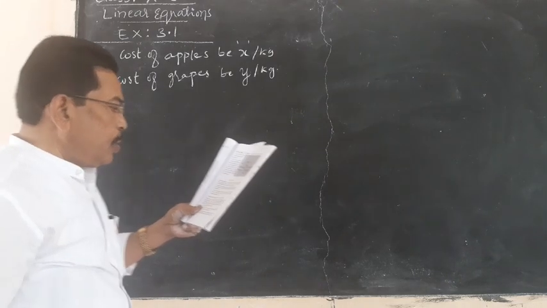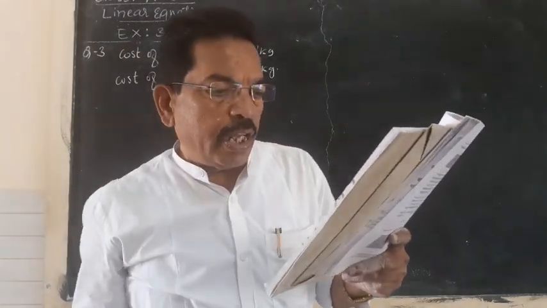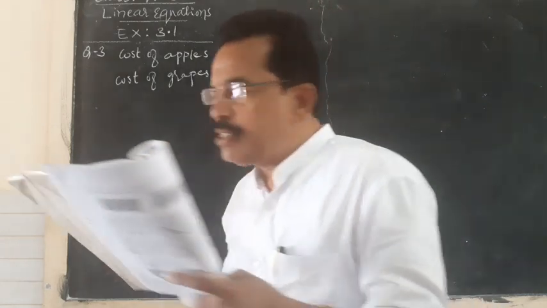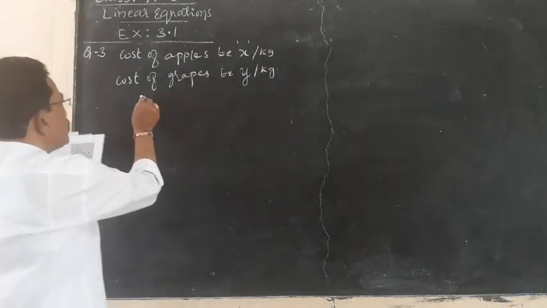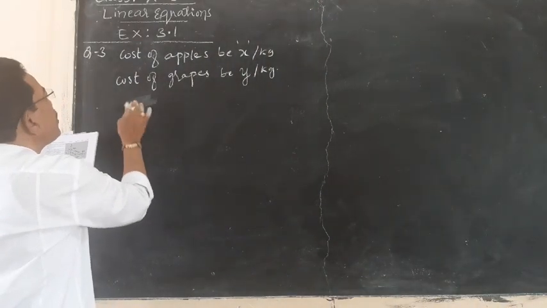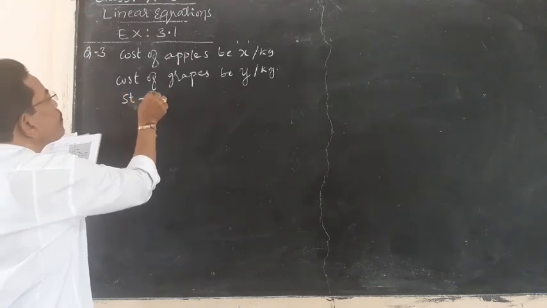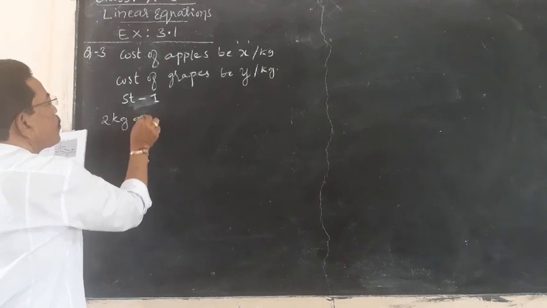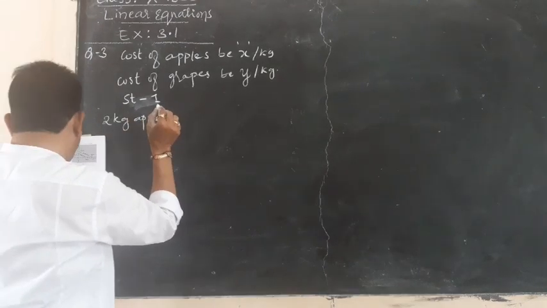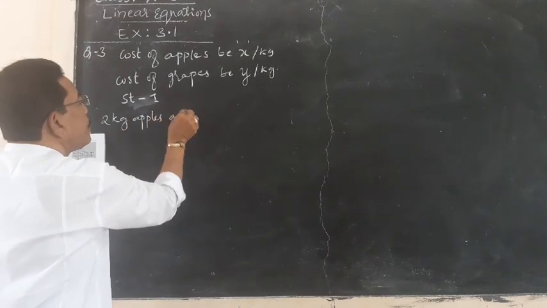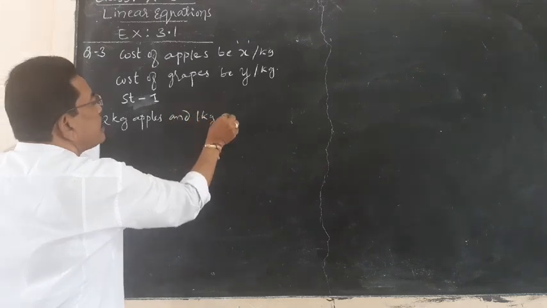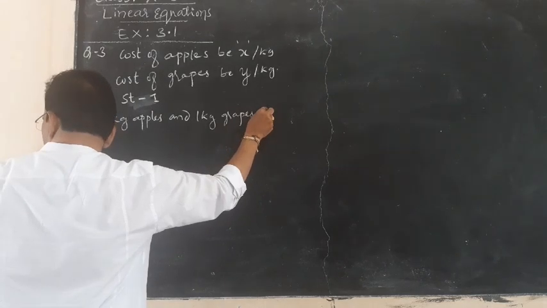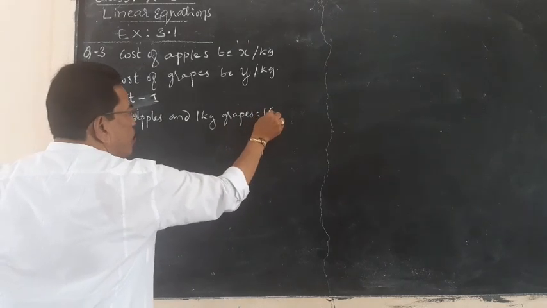Then 2 kg of apples and 1 kg of grapes on a day was found to be 160. That means, statement 1: 2 kg apples and 1 kg grapes equals 160 rupees.